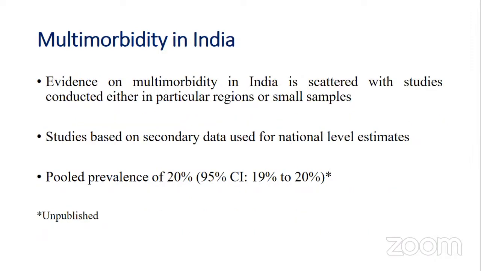Multimorbidity in India: evidence is very scattered, with studies either done in small populations, with small sample sizes, or in particular regions or cities. We do not have national level estimates, although a few secondary data sources such as LASI, the Longitudinal Aging Study in India, and WHO SAGE, which is also known as the World Health Survey, have been used to extrapolate multimorbidity in India.